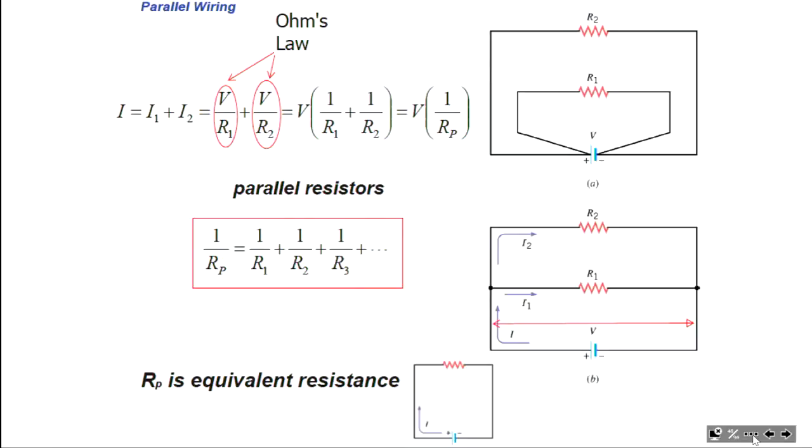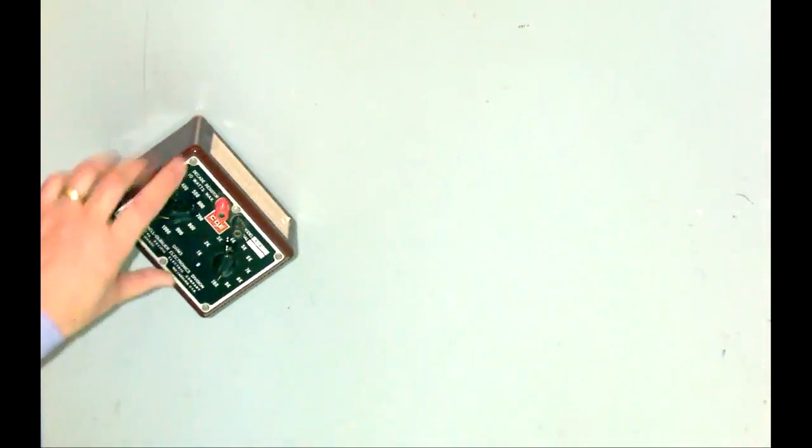All right. Let's see if we can see. So we used a decade capacitor before. Now we're using a decade resistor. The decade resistor is just a box with a set of resistors. We can change the value.